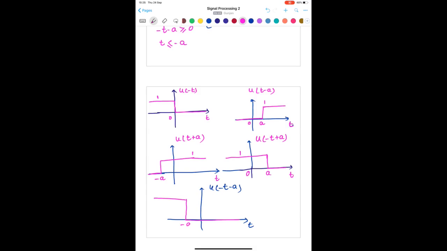So it will be minus a, 1. So this has an amplitude equal to 1 for all the values which are on the left hand side of a, minus a, or you can say.